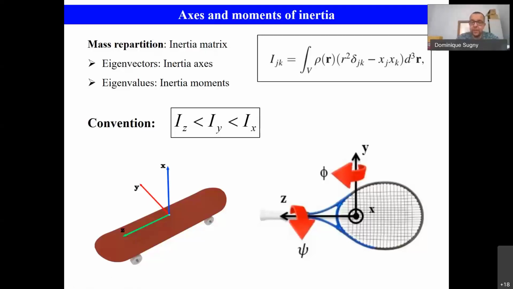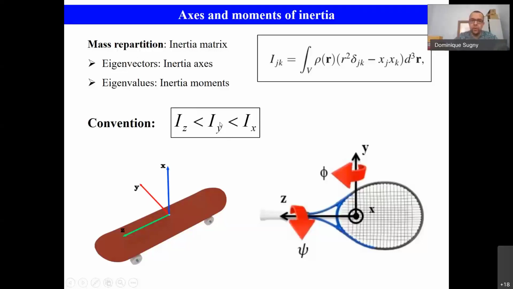Okay, and it's another interesting point that both for the tennis racket effect and for the monster flip effect, the goal is to make a full rotation around the transverse axis, the y-axis here and here, which corresponds to the inertia moment in the middle.